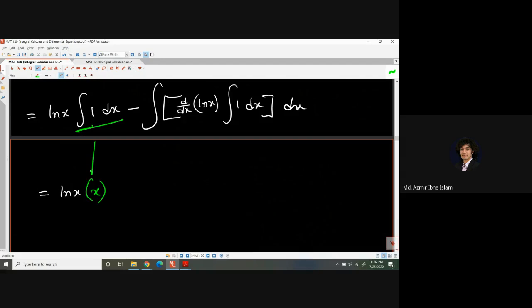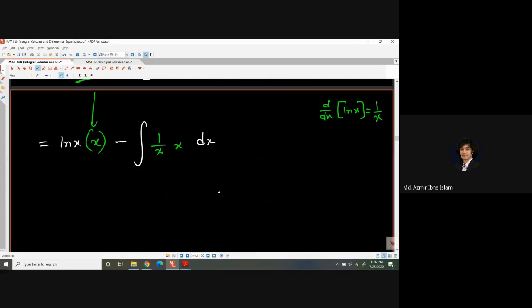So variable doesn't matter, but remember, if we have constant 1, it will be just that variable. So for this we have written negative the differentiation of natural log of x. You know this formula, that d/dx of natural log of x is equal to 1 over x. So we can write 1 over x, and again the integration of 1 in terms of x is actually x, and with this we have dx. Now it will be x natural log of x, negative.